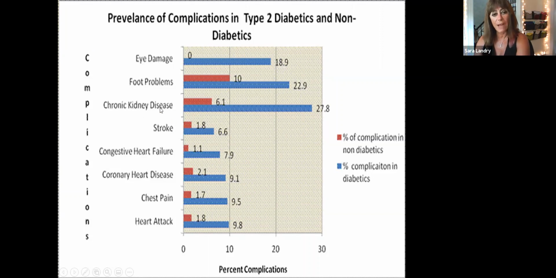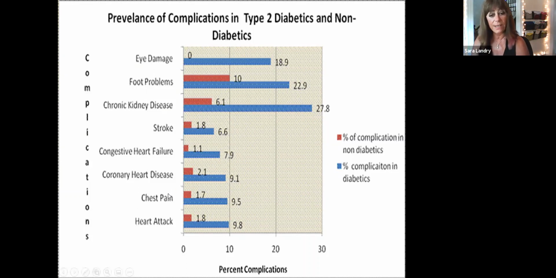Let's look at chronic kidney disease. About 6.1% of the population who doesn't have diabetes will get chronic kidney disease. But look at this. If you have type 2 diabetes, 27.8% will get chronic kidney disease.